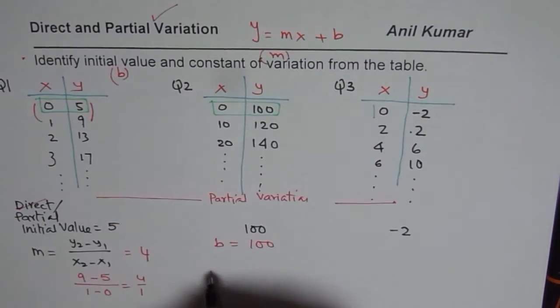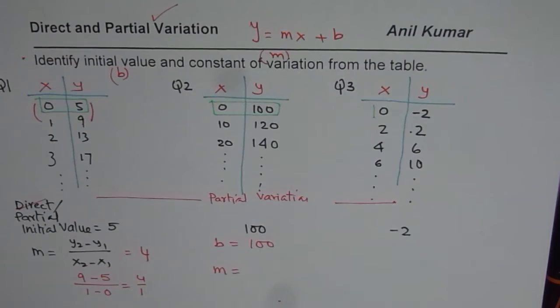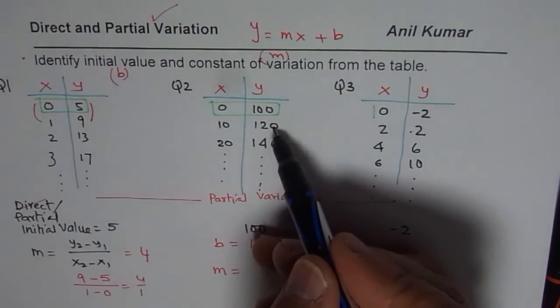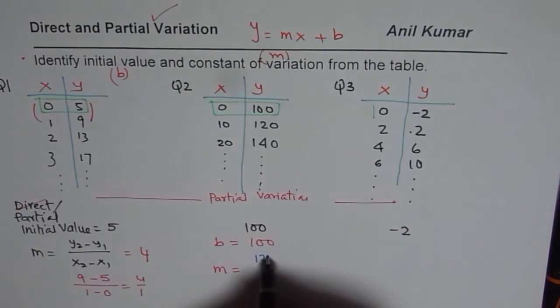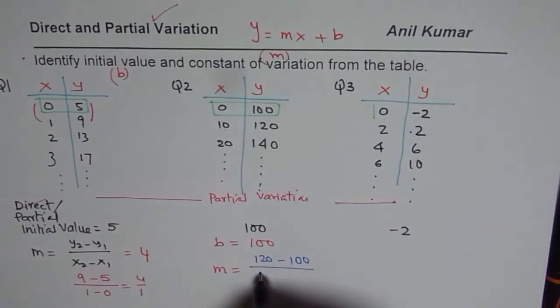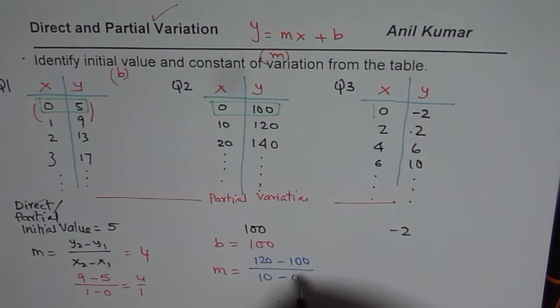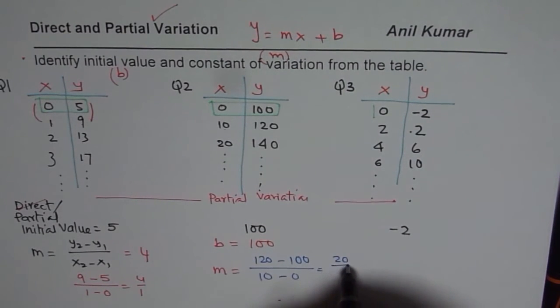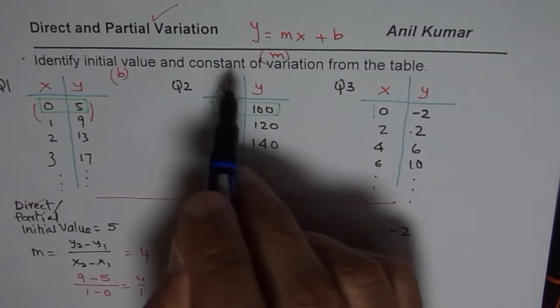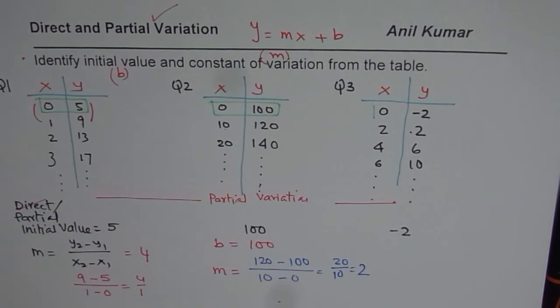And how about m? What is m? To find m, we'll do y2 minus y1, that is 120 minus 100 divided by 10 minus 0. So that gives us how much? That gives us 20 divided by 10, so that means 2. So constant of variation is 2, right?